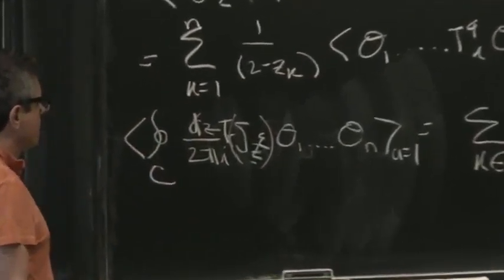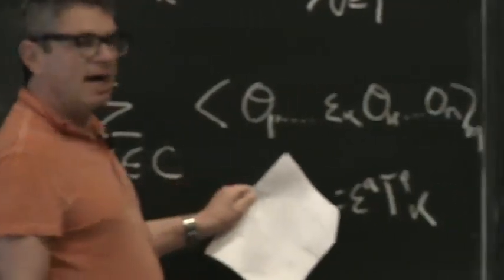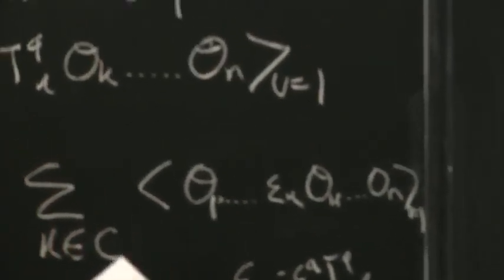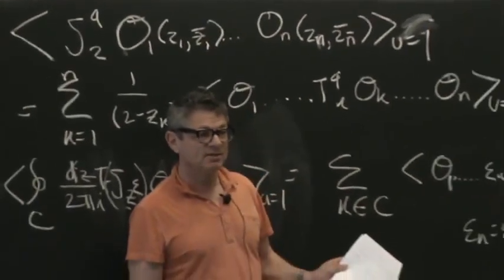Okay, so now, it might have bothered you. It's a contour in a sphere. How do I decide what the inside and the outside is?